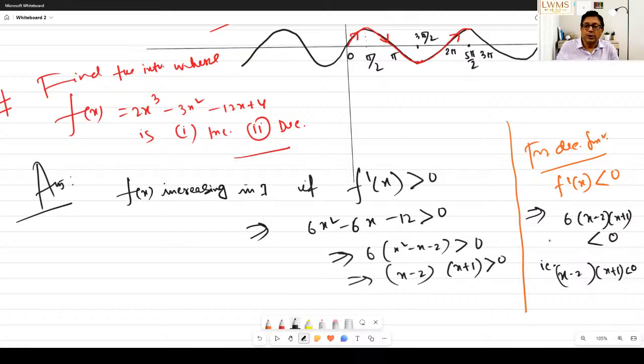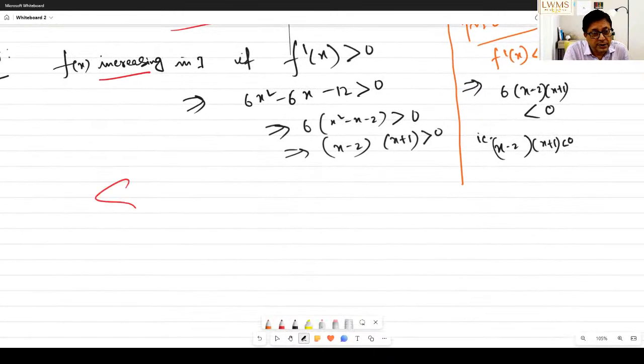Clear? So decreasing that part, increasing this part, separately done. Now what we'll do there, we'll draw the sign scheme of x minus 2 and x plus 1. It is going to be the sign scheme for f dash x.